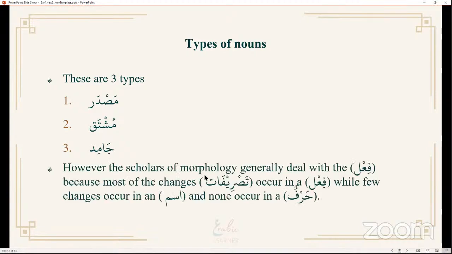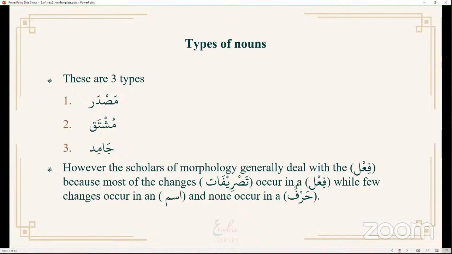When it comes to conjugation, mostly we deal with fail, because most of the changes happen in the fail. There are only a few changes that happen in asma, in ism.